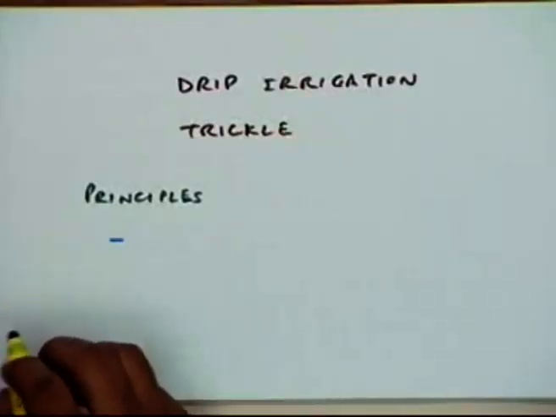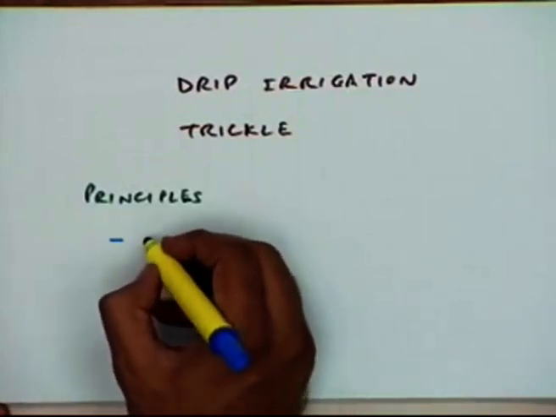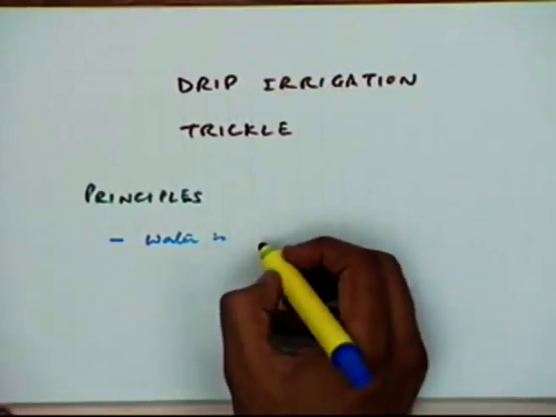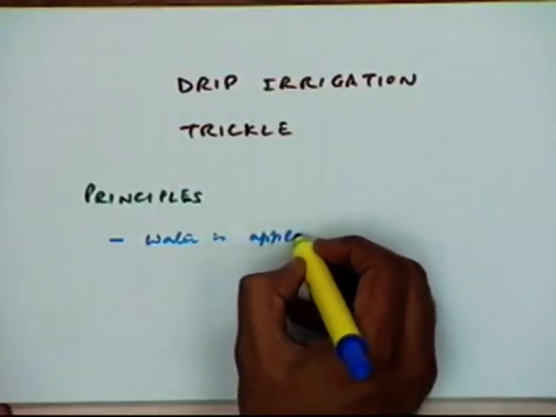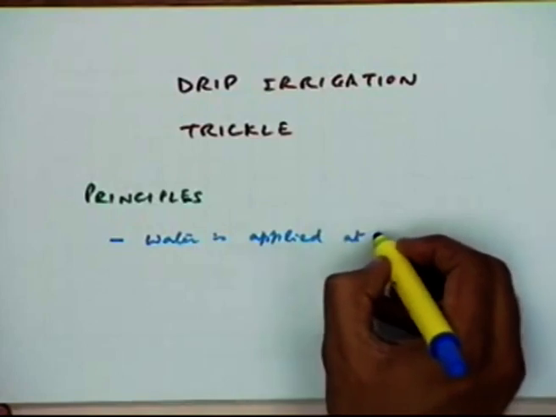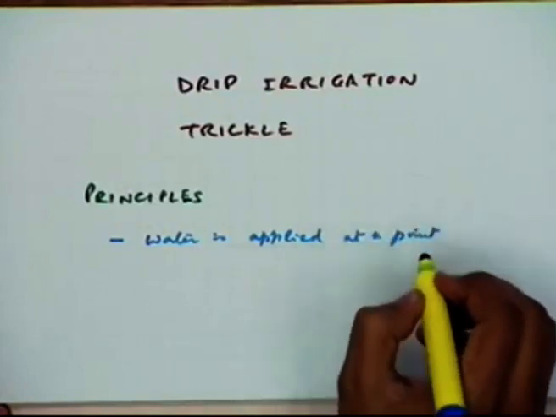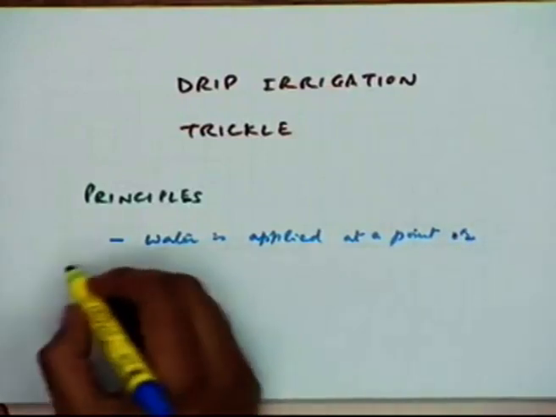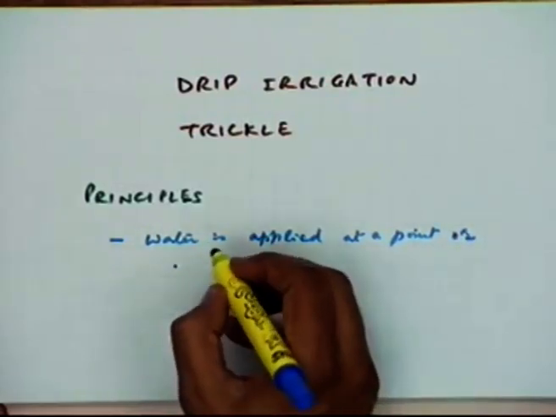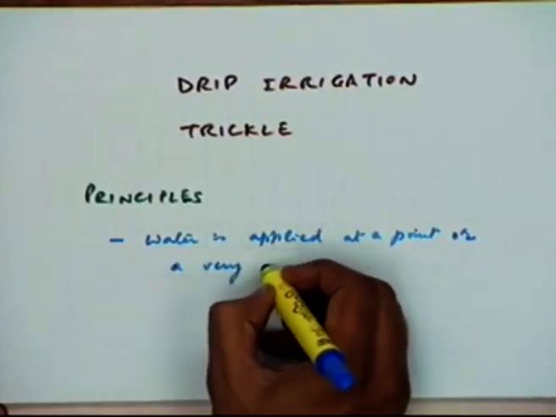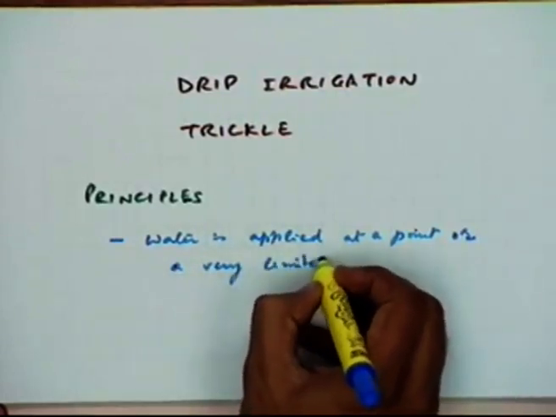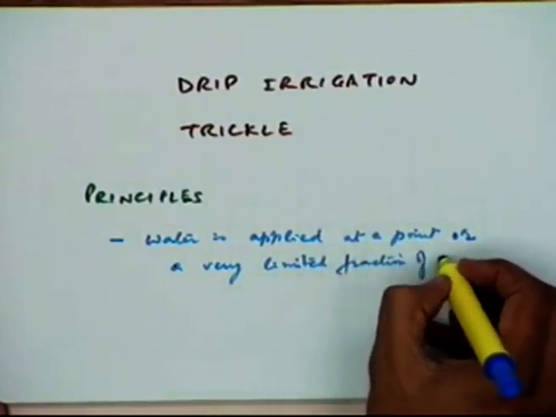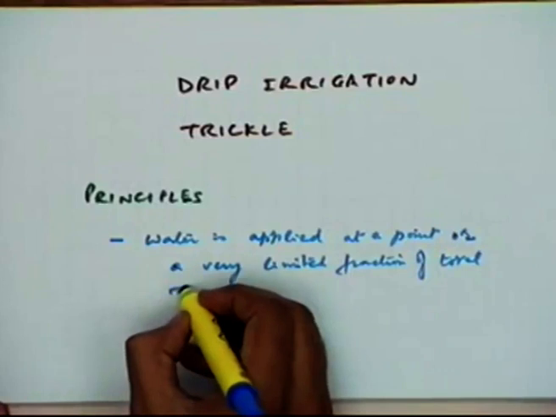These are, the first one is that the water is applied at a point or in some cases a very limited fraction of the total surface area.